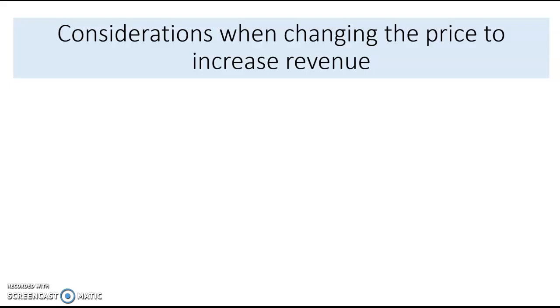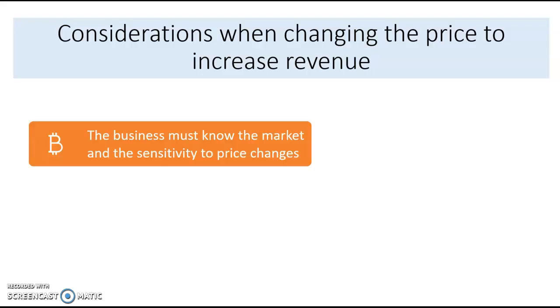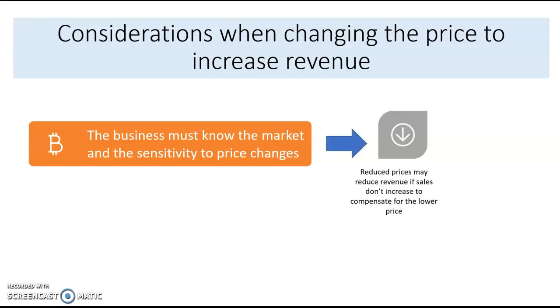However, before changing the price to increase revenue, there are some pretty important considerations the business needs to have. First of all, they really need to know their market, and they need to know how sensitive that market is to price changes. Reduced prices may actually result in reduced revenues if sales don't increase enough to compensate for the lower price.